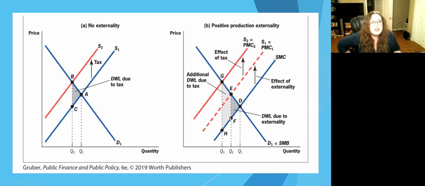And then you get a compounding effect, where though this tax is the same size as this tax on the left, this tax on the left made a little difference. Well, this tax on the right made the GEFH difference of a much larger trapezoid than that little triangle on the left. This is why we need to be careful when we put taxes or subsidies into a system to know what pre-existing distortions might already exist in that marketplace.